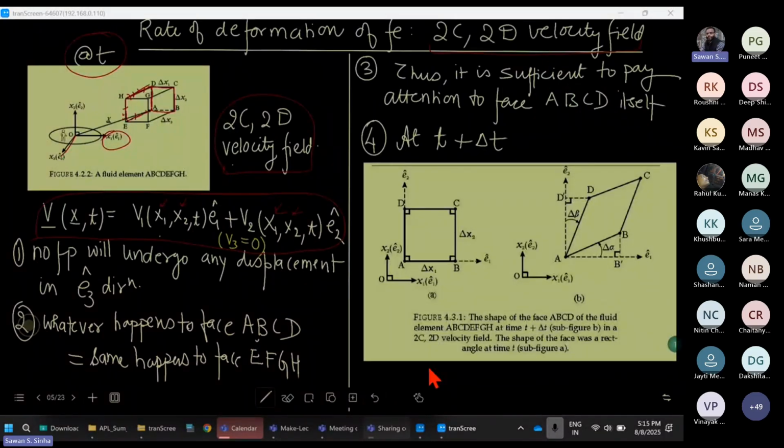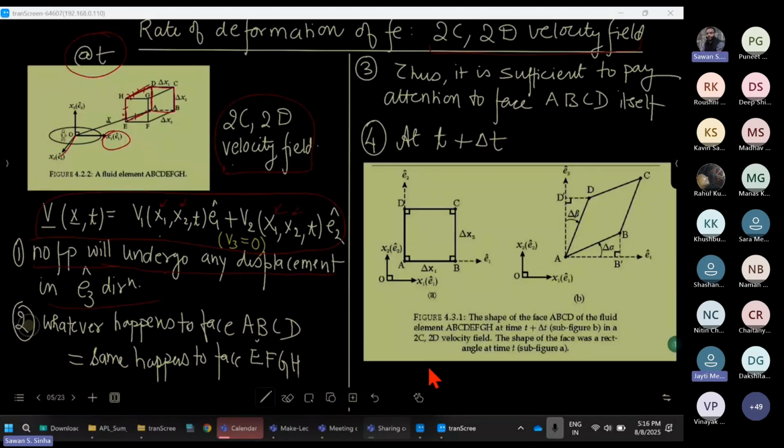Now, since V3 is 0, I hope you will agree that no fluid particle which is part of this fluid element will undergo any displacement in the E3 direction. There is no V3. No displacement in E3 direction.